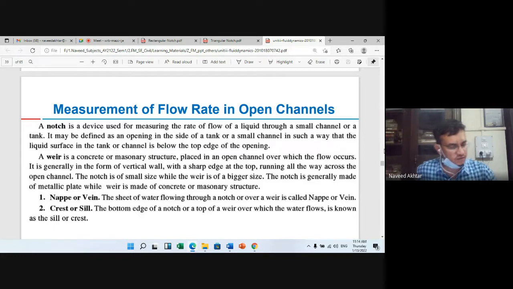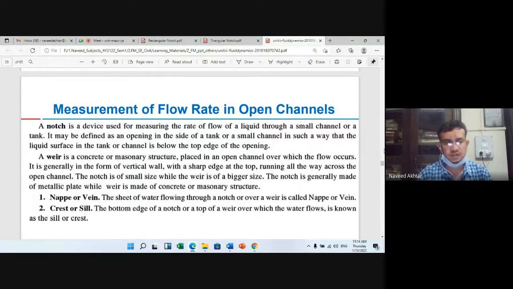In the pipe flow problem, we have also seen how to find the discharge with the use of an axial meter and orifice meter. But in the case of an open channel, we have to measure the discharge by notches. It may be rectangular, it may be trapezoidal, it may be triangular.